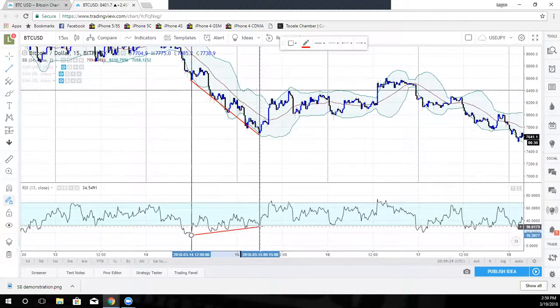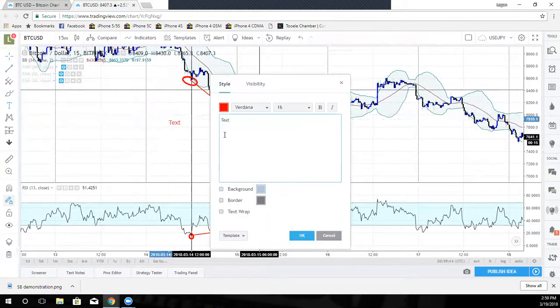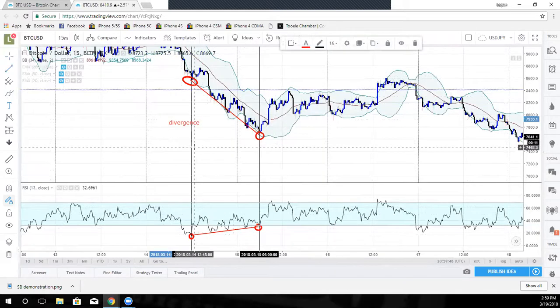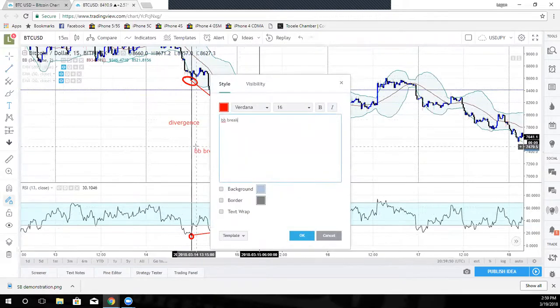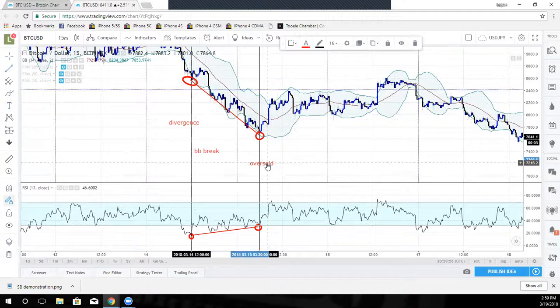Downtrend, uptrend. And look, we even have Bollinger Band break, Bollinger Band break, oversold, oversold. Literally perfect.